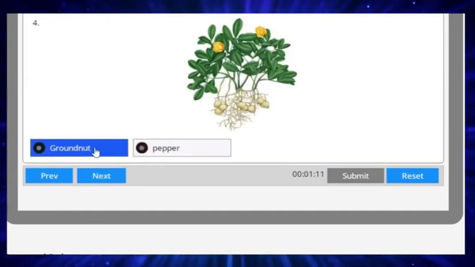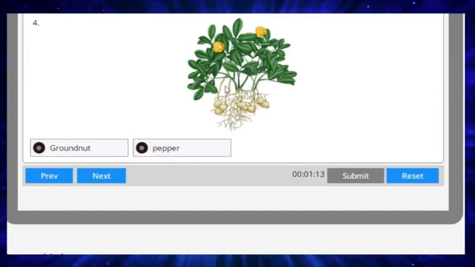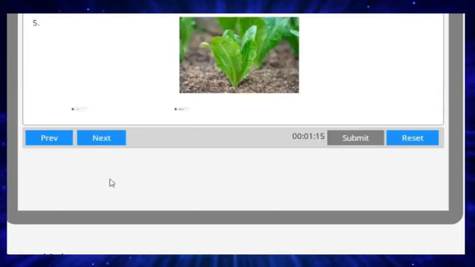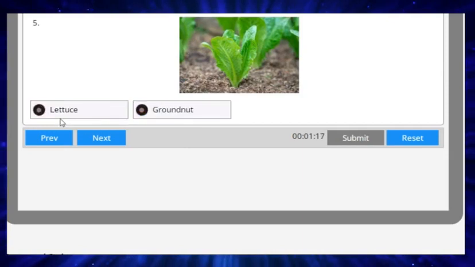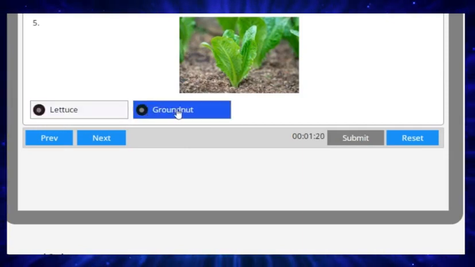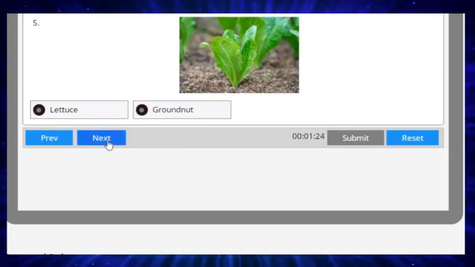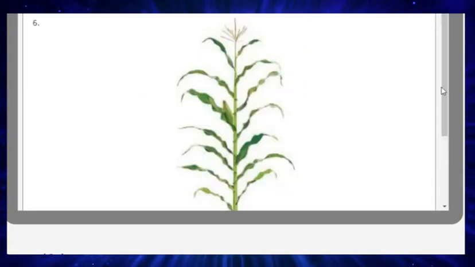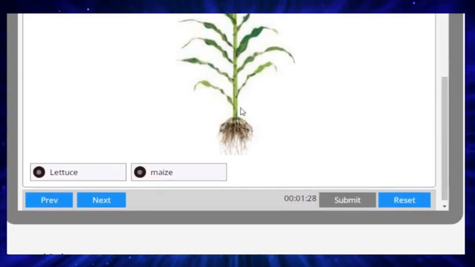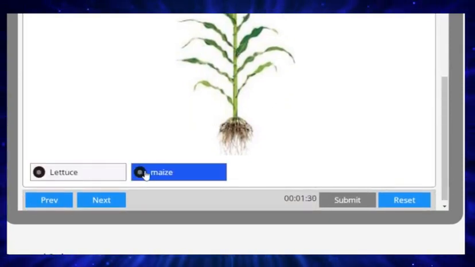Is it granite or pepper? We saw this plant when we were learning. Which plant is it? Is it lettuce or granite? Which plant is this one too? Is it lettuce or maize?